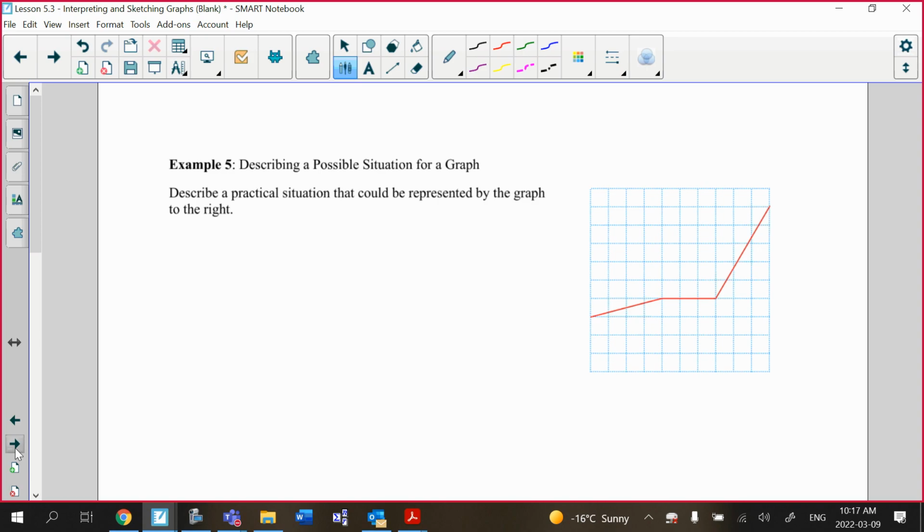Another one I like to look at is, what if I gave you this? This is always an interesting one. Can you come up with a situation where, you can always use time. Your mental health? So you're on a bit of a roller coaster ride?